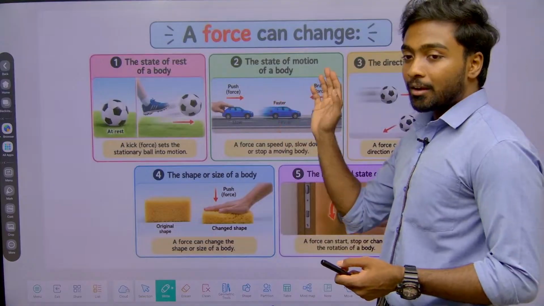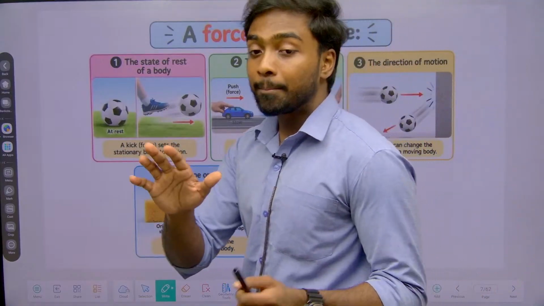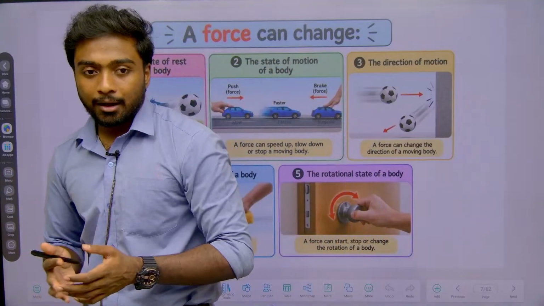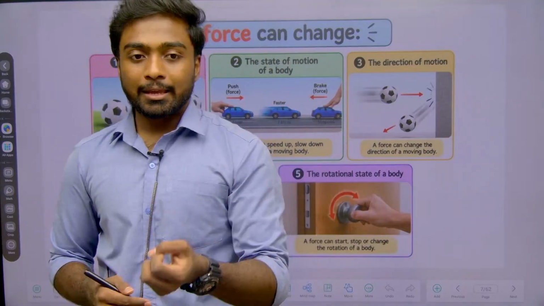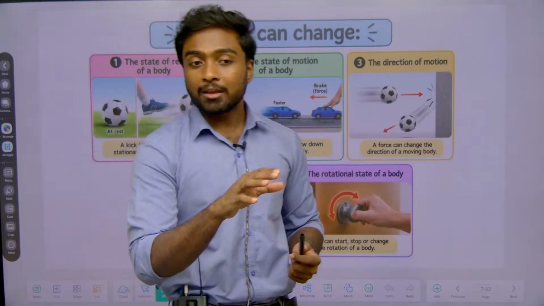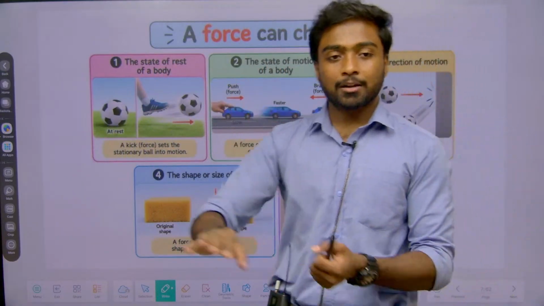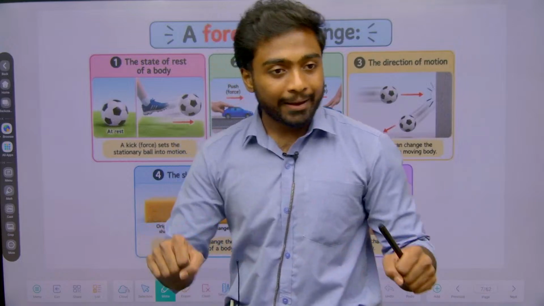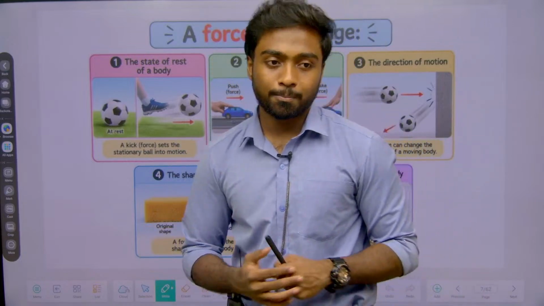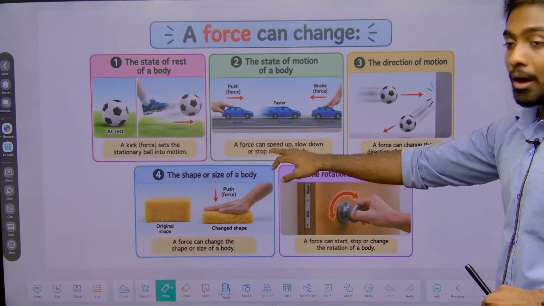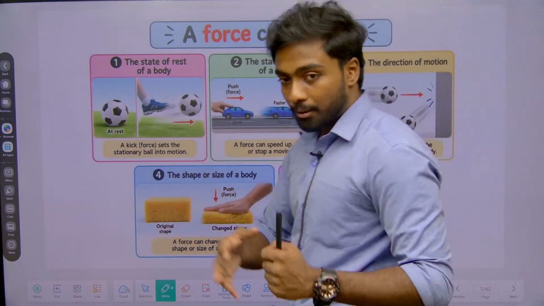So applying acceleration to the body, applying the brake to the body, these are day-to-day conditions, real applications in life with vehicles. If you apply the accelerator, the body will start to accelerate, it will start going fast. When you apply the brake, what happens? It will reduce the speed, right. So a force can speed up, slow down, or stop a moving body.